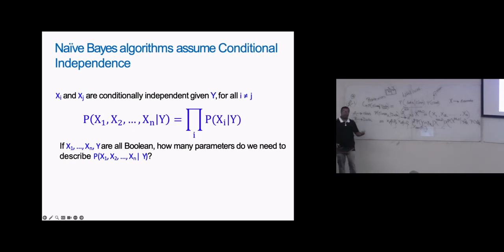But if I make this assumption that these variables, attributes, are independent of each other, then we learned a joint probability theorem in the basic statistics class. What is the joint probability of A and B if A and B are independent?